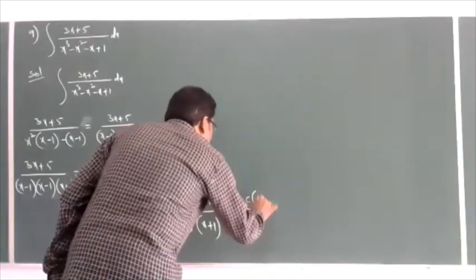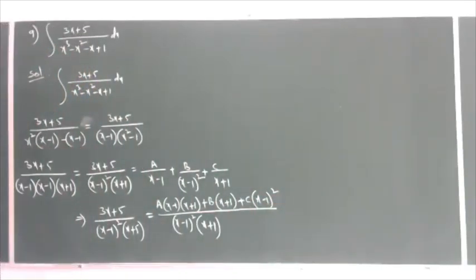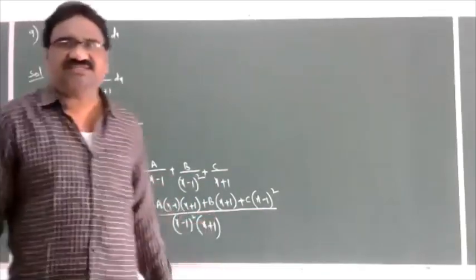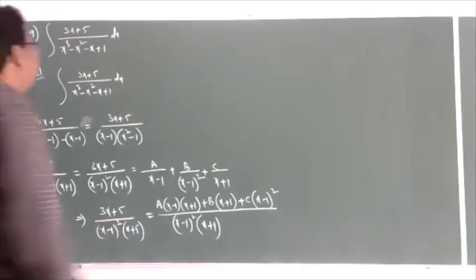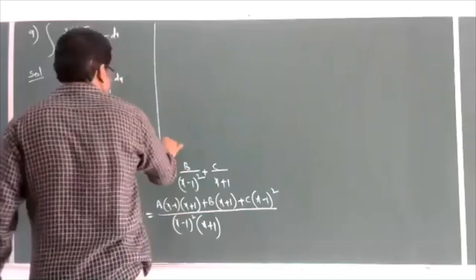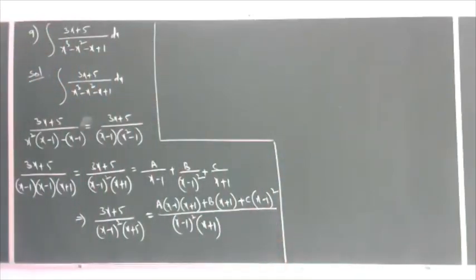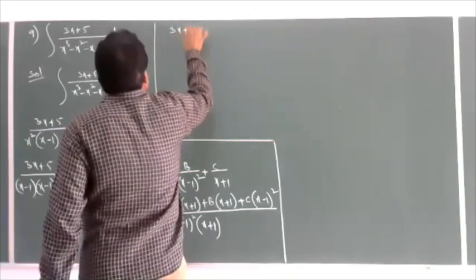Then plus C into (x minus 1) whole square, where (x plus 1) cancels. So with the same denominators, equating the numerators.